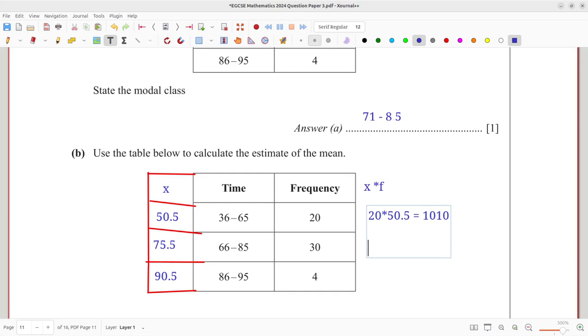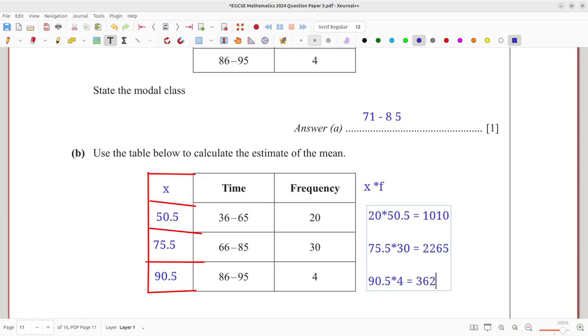Next, it's 75.5 times 30, 2265. Next, it's 90.5 times 4. This is giving me 362.